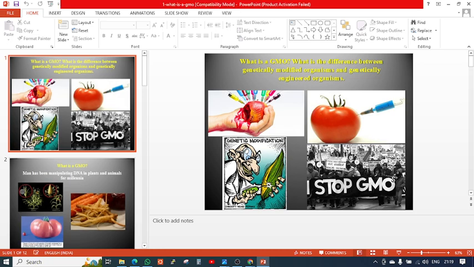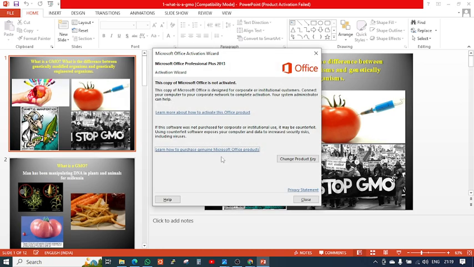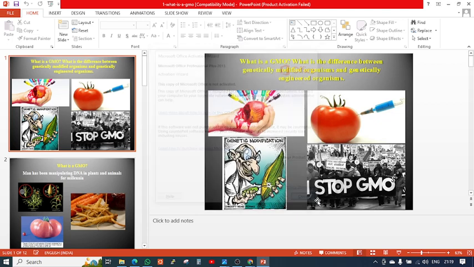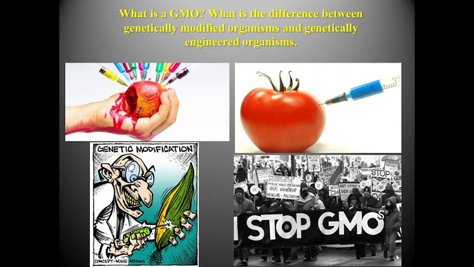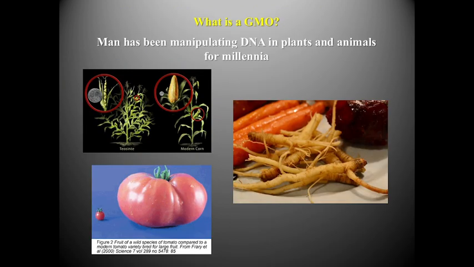This is another slide on GMO. What is GMO? These are different examples of genetically modified organisms. We have already discussed tomato and corn, and some people protest to stop GMOs because we are having some problems with genetically modified organisms.